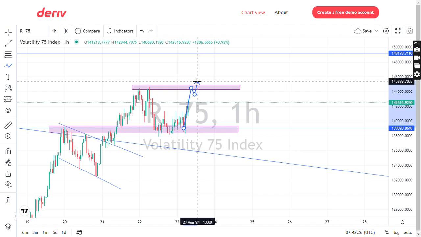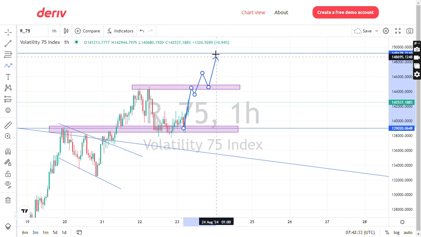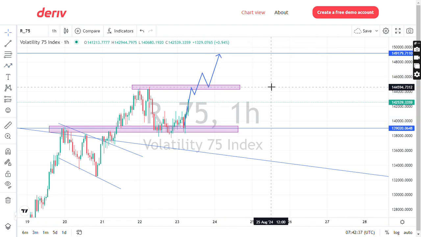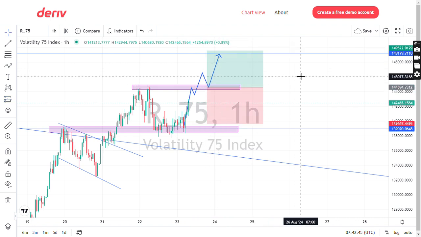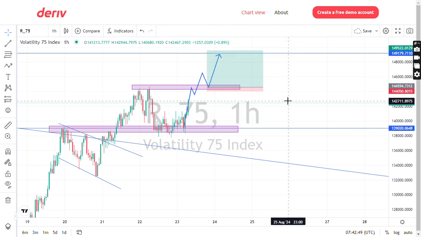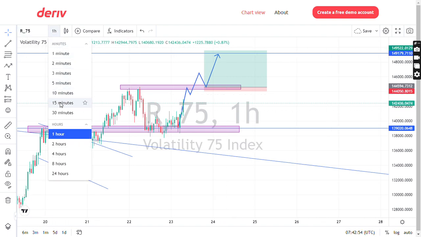Once we break to the upside, enter over here at the top above it is my entries, or if it gives us a breakout retest is my entries, and boom, that's what I'm expecting for volatility 75 will be over here. Simple setups, plain and simple setups.